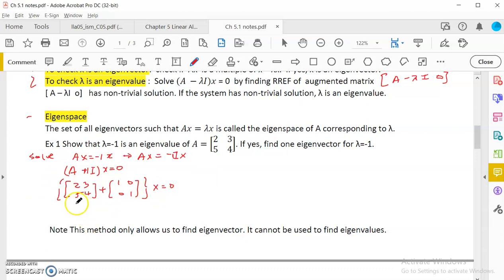So that means I'm going to solve 2 plus 1 is 3, 3, 5, 5, x is equal to 0.